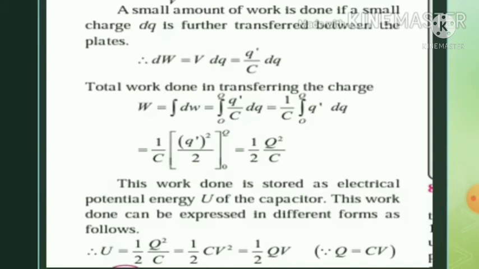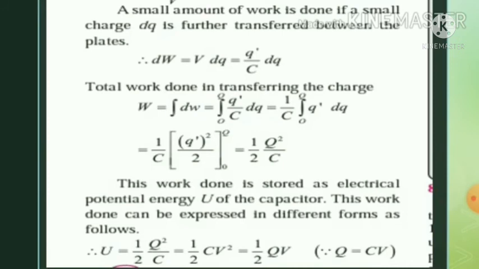Then the work done is found between the limits 0 to capital Q. We integrate the equation dW equal to Q dash upon C into dQ, with lower limit 0 and upper limit Q.